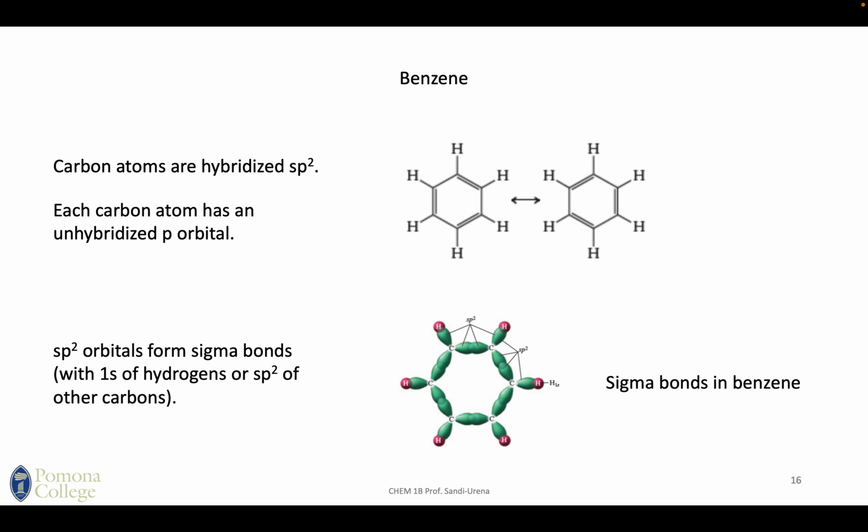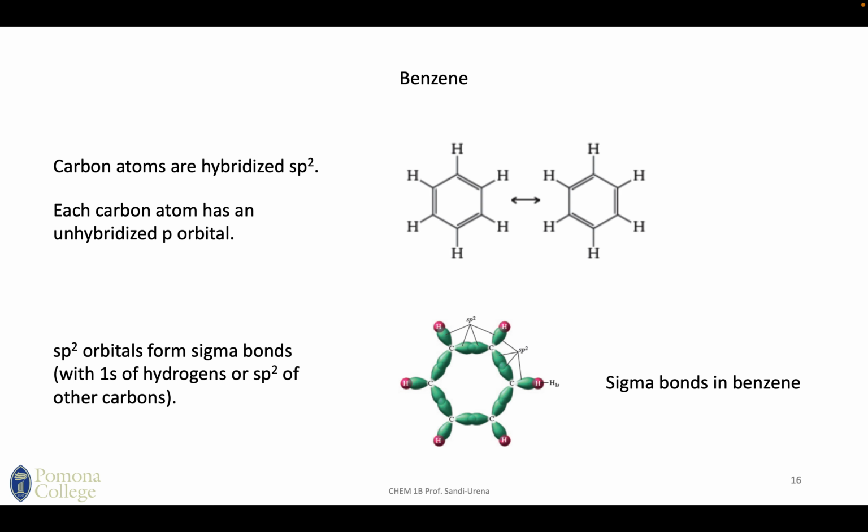So if we count the number of electron groups or electron domains around each carbon, we'll see that it will be 3. Each carbon has 3 electron domains around it, which means that using our localized thinking, we can say that each carbon is hybridized sp2 because it has those 3 electron domains.